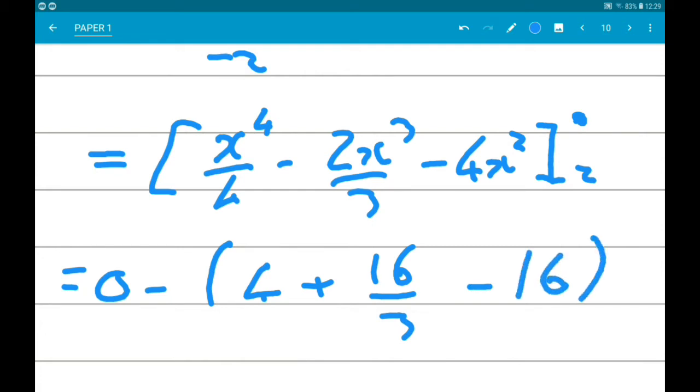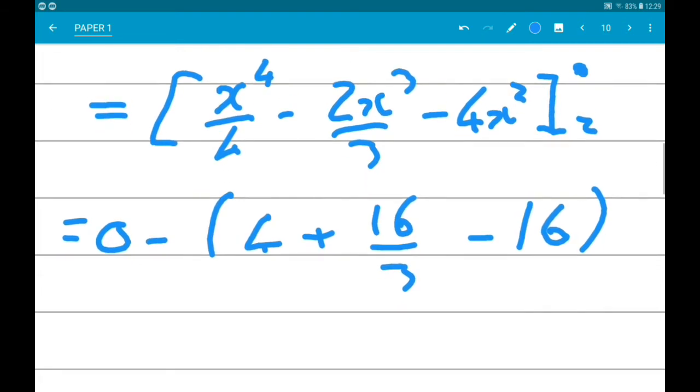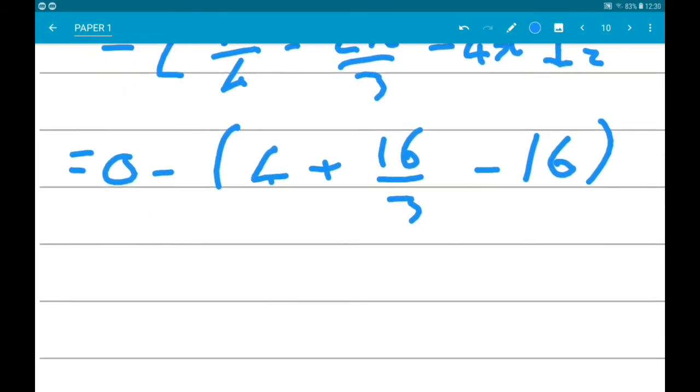Okay, so we have then the negative of 4 minus 16 is minus 12, add 16 thirds.